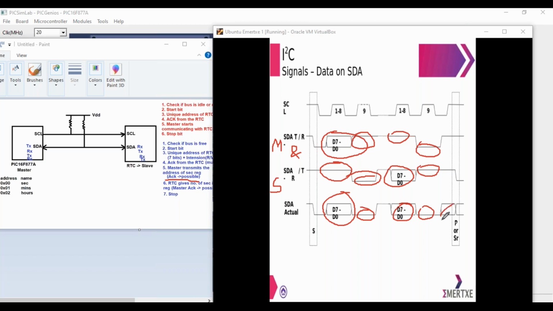And at the last, what you see is a stop pulse, or it can be a repeat start also. If you want to continue to communicate, you can go for a repeat start. So this is the signal you observe at the end of the actual SDA line. Is that clear?